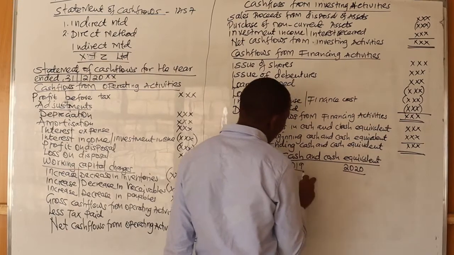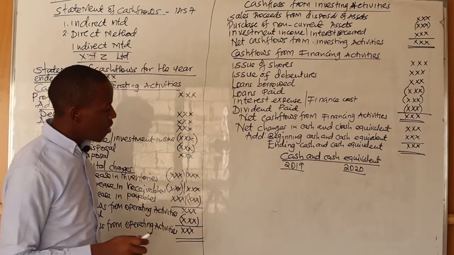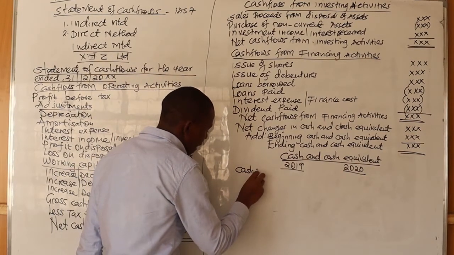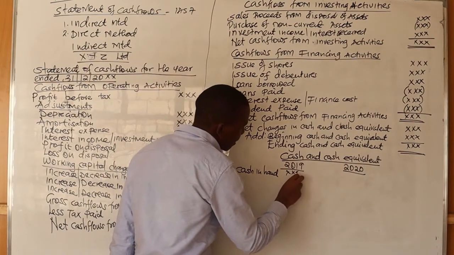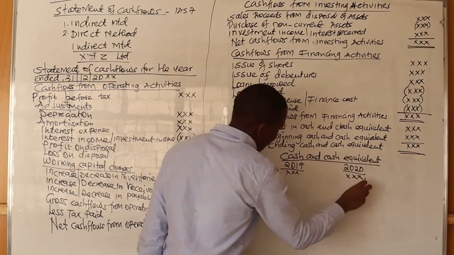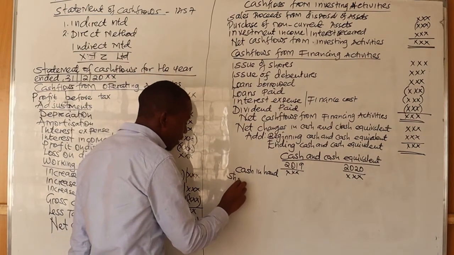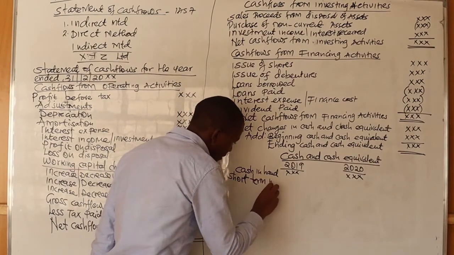So in this case, you only base on the cash and cash equivalent items. Whereby you can have the cash in hand. You will put the beginning and also the ending. Then we'll also have the short-term investments.